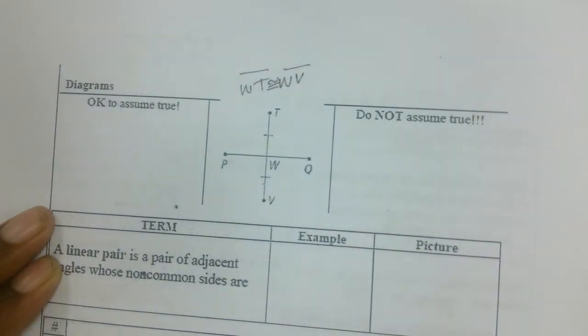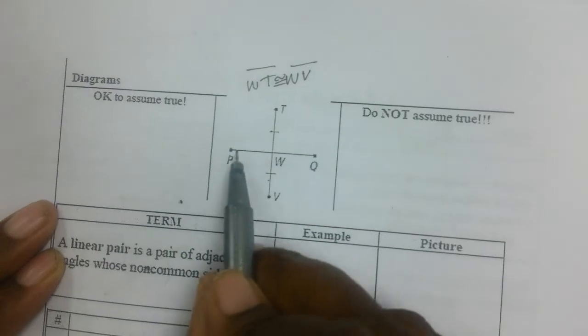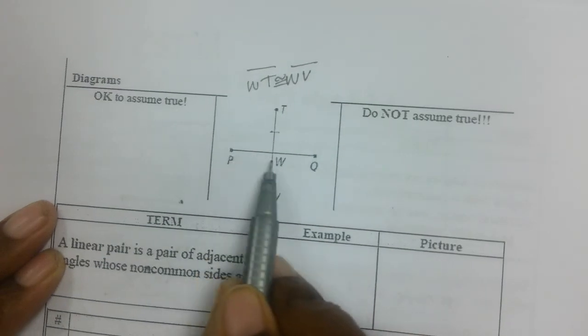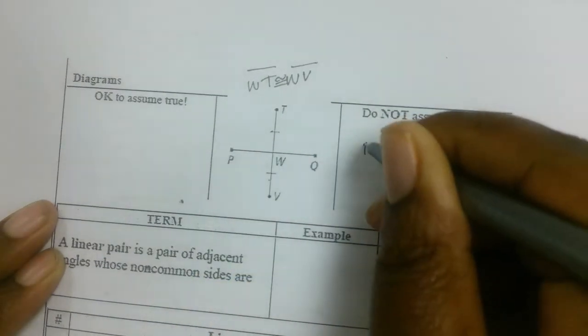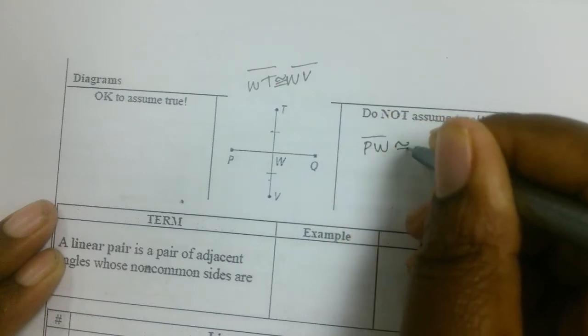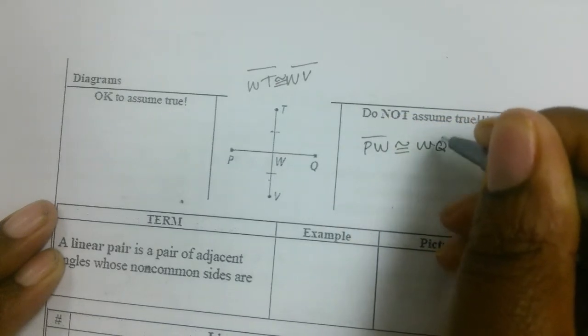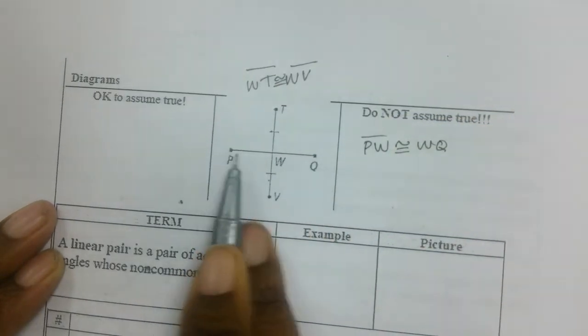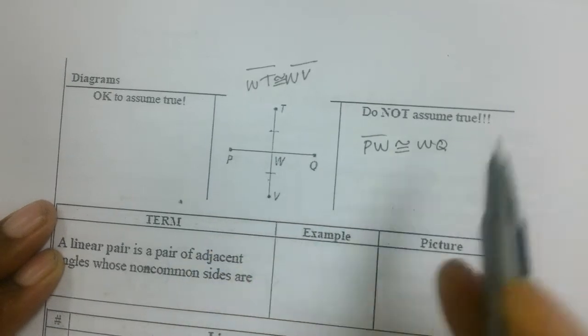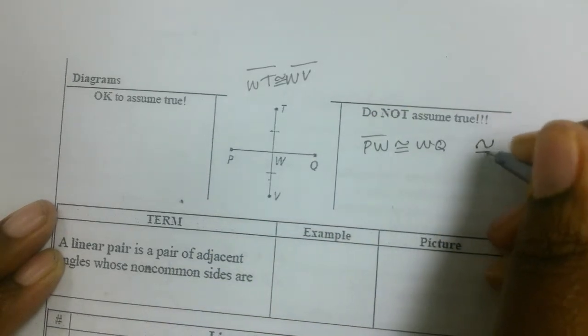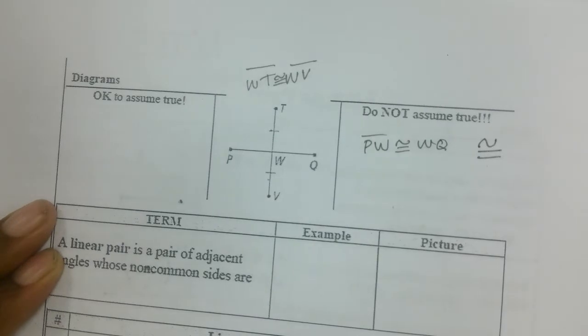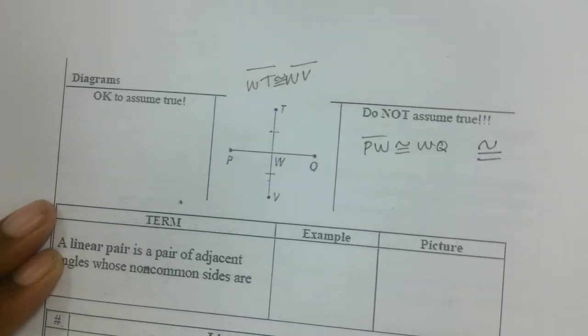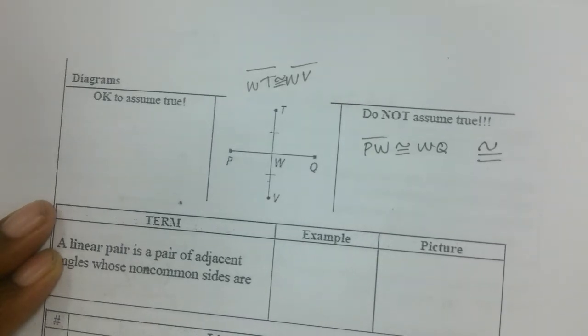What I can't assume though is that PW is congruent to WQ. If they don't tell me it's congruent, I can't assume it's congruent. So you can't assume congruence. Unless they tell you it's congruent, unless there's some rule like vertical angles are congruent, unless there's something that lets us know, we can't just assume they are.